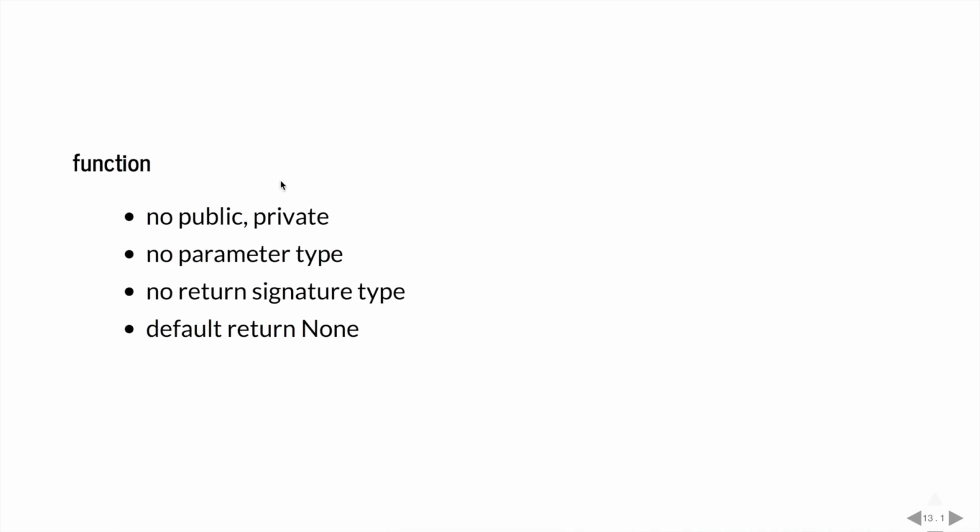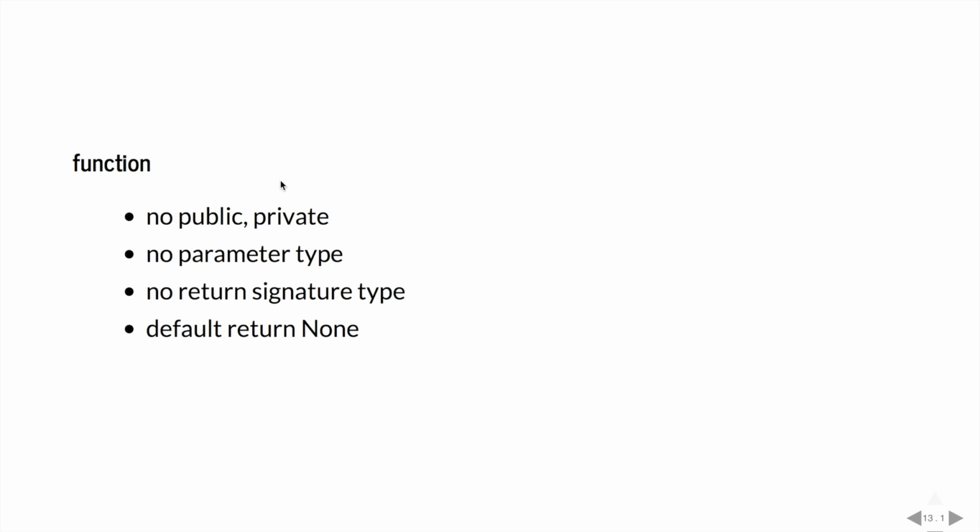All right, function. So function is simpler here. You don't have the type declaration, I mean the parameter type declaration. And every function by default will return None if you don't return anything.